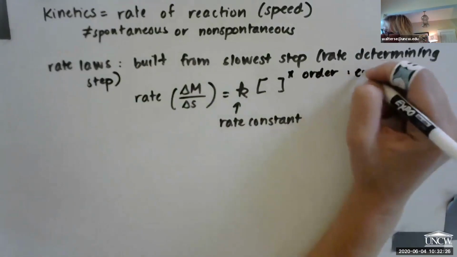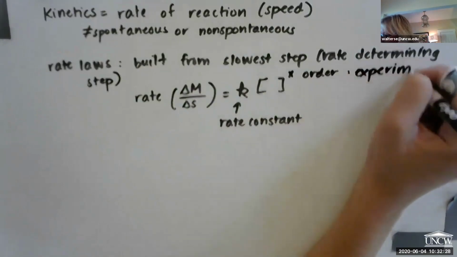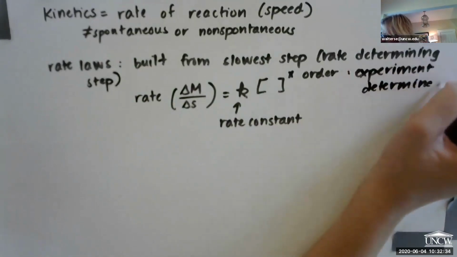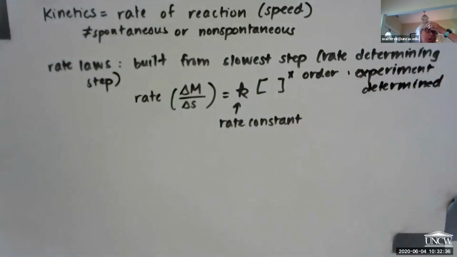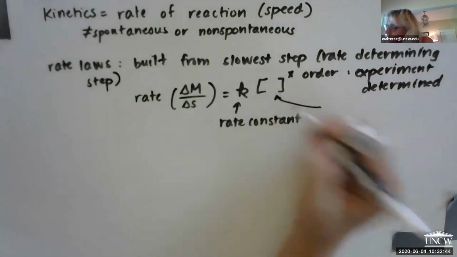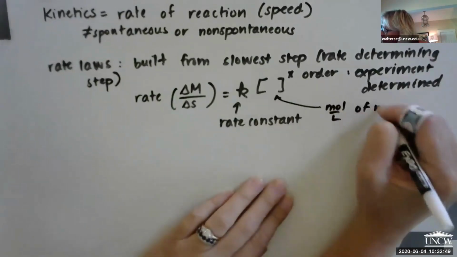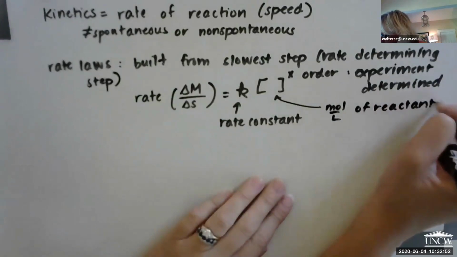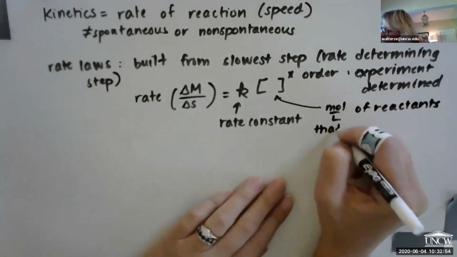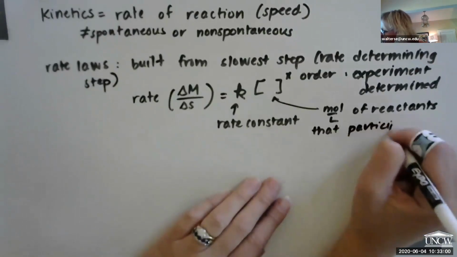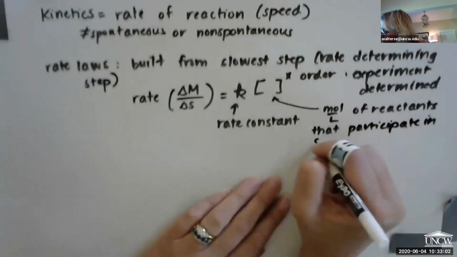All the orders are experimentally determined. These concentrations are moles per liter of reactants, never products, but only the reactants that participate in the slow step.